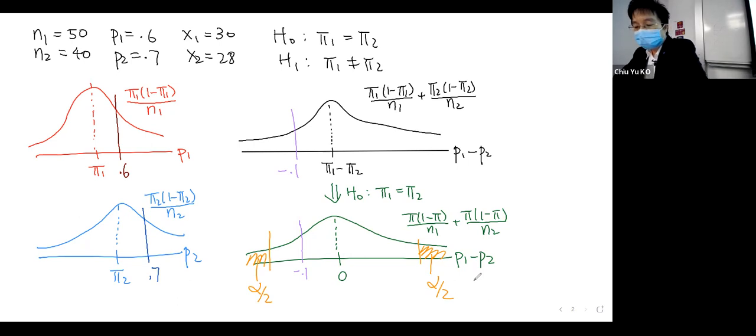One of the problems you may see is that pi is something unknown. It's a normal, it's a bell, but pi we never know. So should we use t? The question you would probably ask in your head is, why don't we use t?